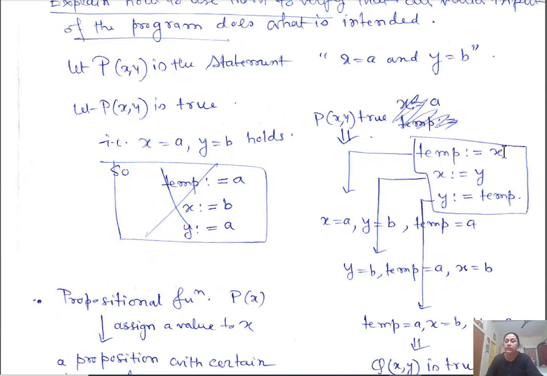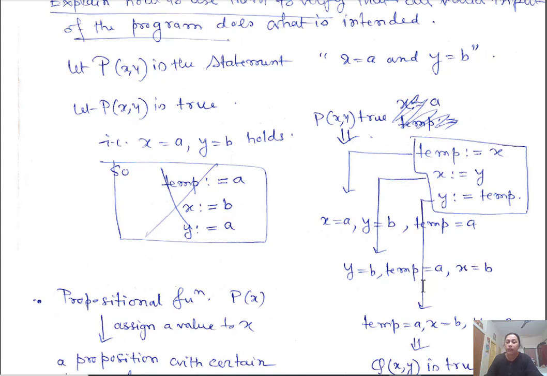Now in the second line, y equal to b, temp equal to a, and x is replaced by the y value, so x equal to b.